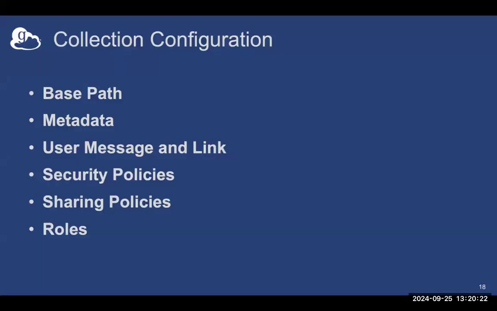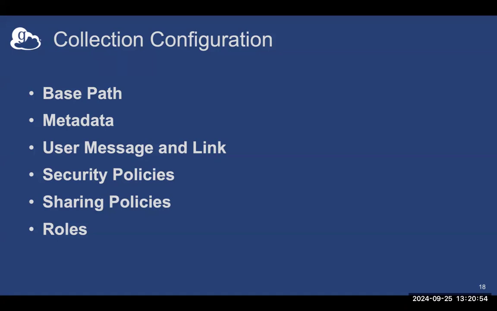So within a collection configuration, the one key thing is the base path. So given a storage gateway that defines sort of how you will access data and what directories and S3 buckets are available within that storage gateway, a collection is rooted at one specific path, and everything under that path that matches the path restrictions is visible in that collection.